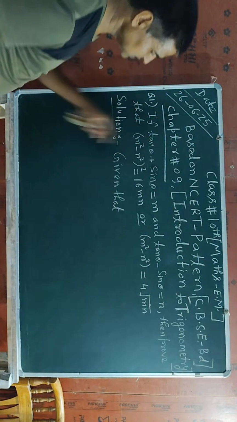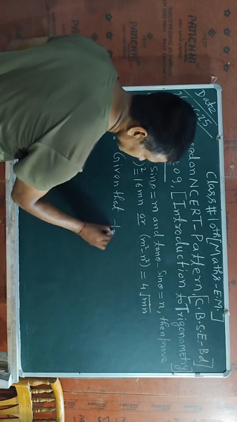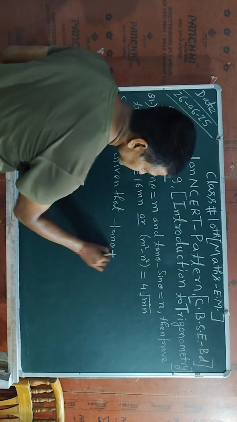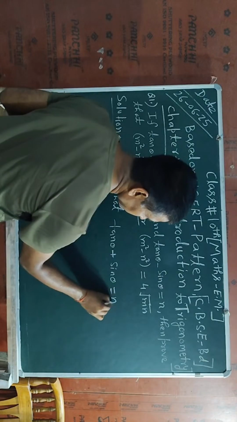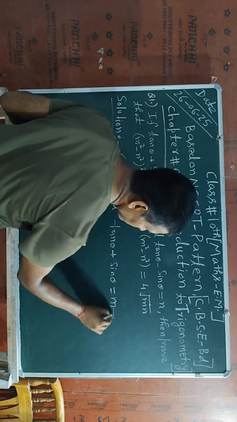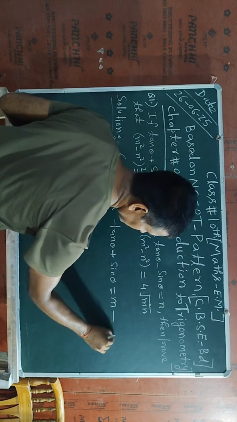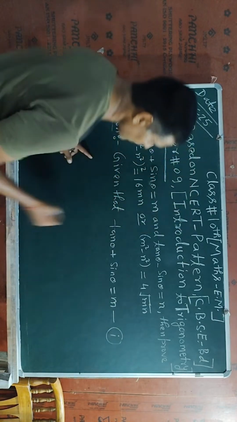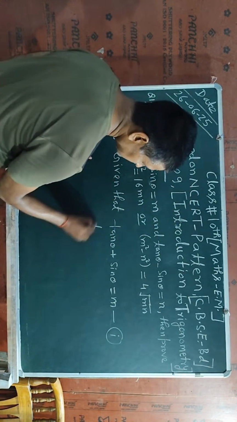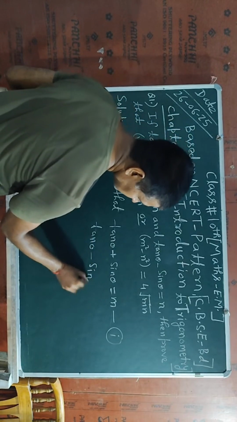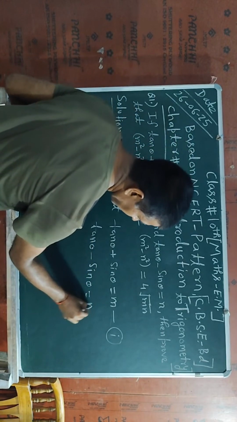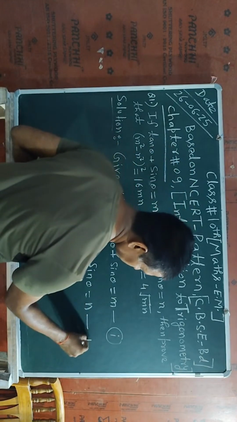It means that tan theta plus sin theta is equal to m. I am going to say this is equation number 1, which is given in the question. Now second, tan theta minus sin theta is equal to n, its value is given here. I am going to say this is equation number 2.